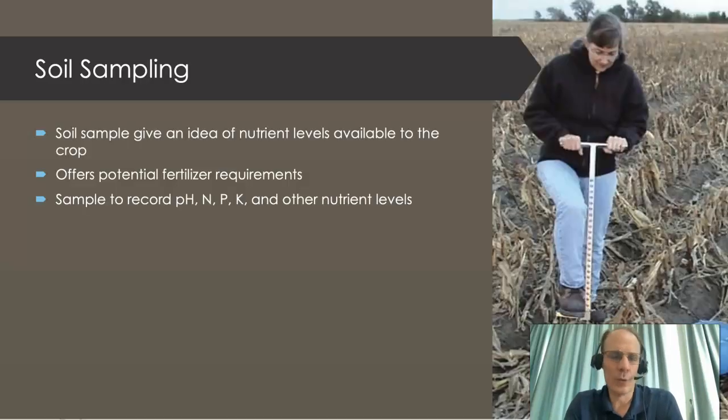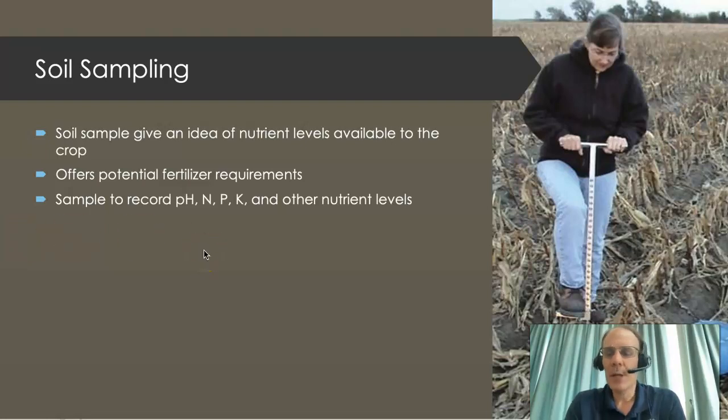First, let's define soil sampling and the reasons why we would soil sample. Soil sampling is the idea that we can measure the level of nutrients in the field and therefore make decisions on how much additional nutrient, whether through compost, manure, or fertilizers, needs to be added to meet crop demand and our yield goal.